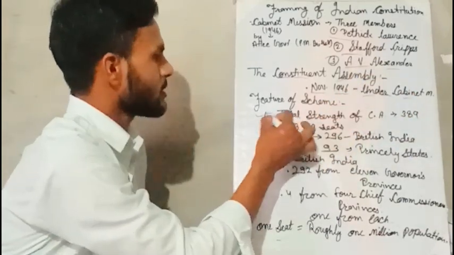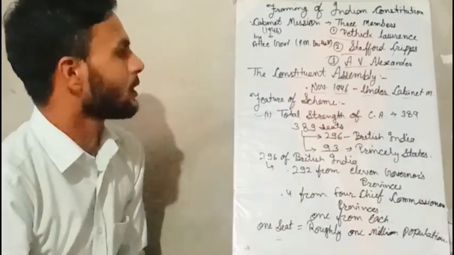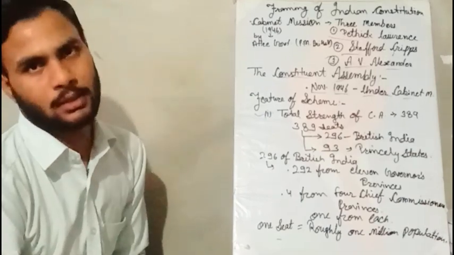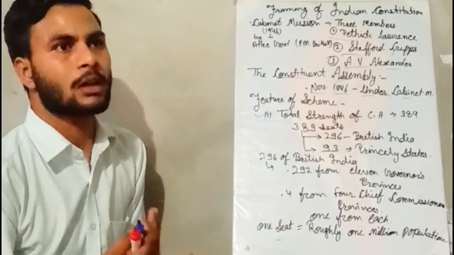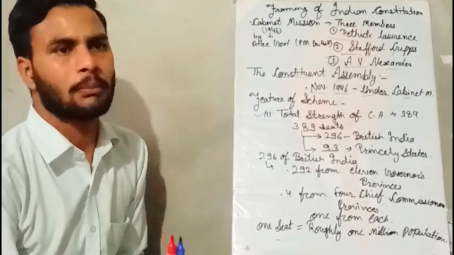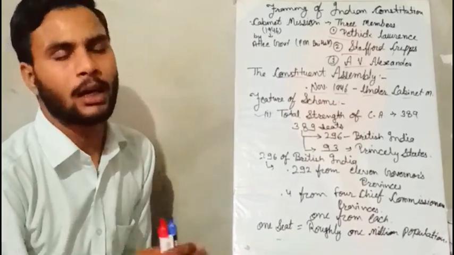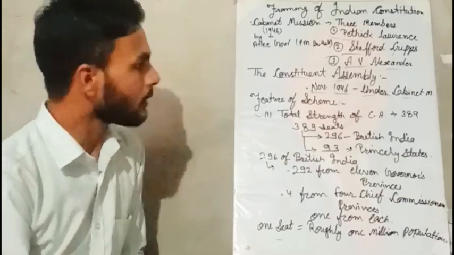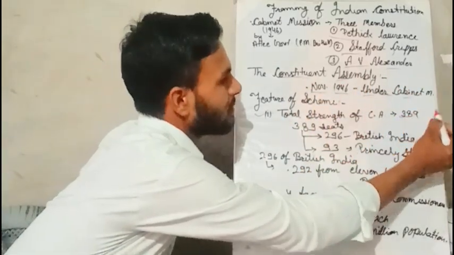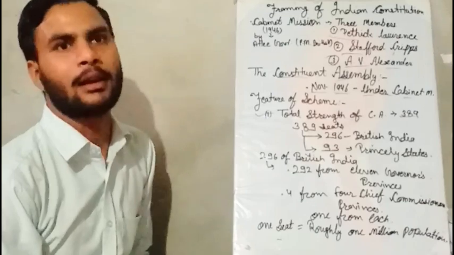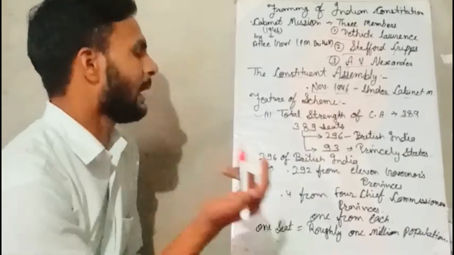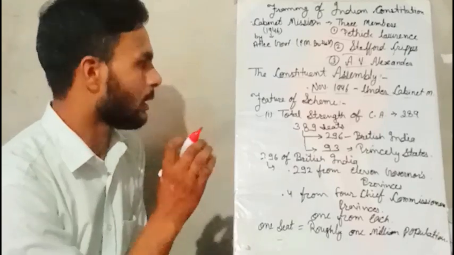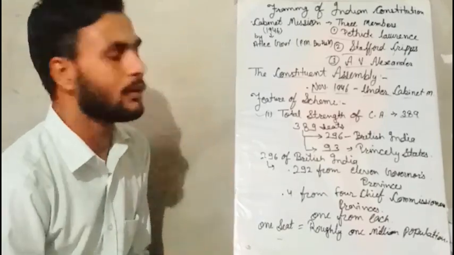The first feature is the total strength of the constituent assembly. A constituent assembly should be made, and its total strength should be 389, and we have to discuss the distribution of these 389 seats.